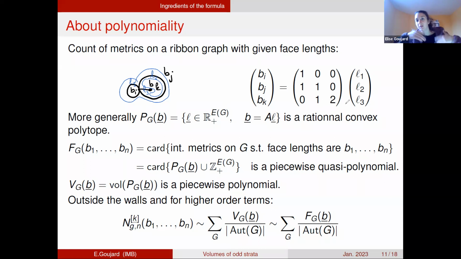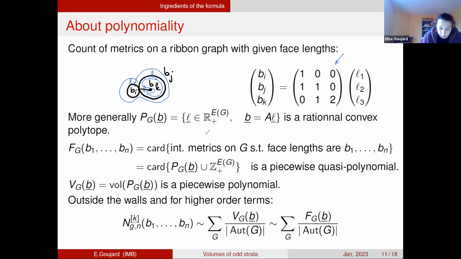Basically, if I give you the set of lengths of the faces, and I ask you how many choices you can put for the Li, the lengths of the edges, what you have to solve is a linear system with a very specific integer matrix. And you want to get the integer solutions of this linear system.